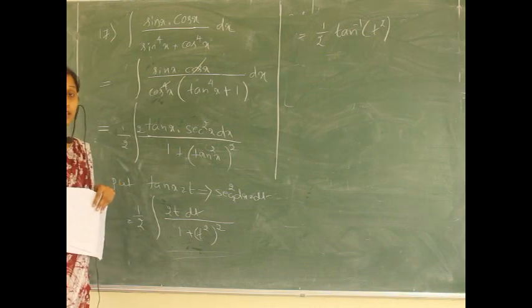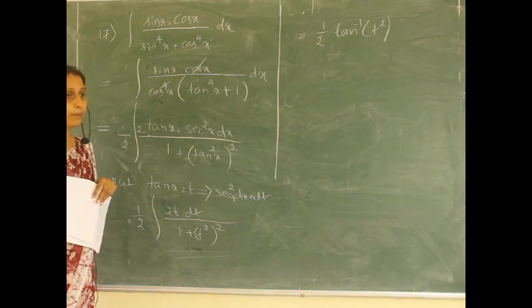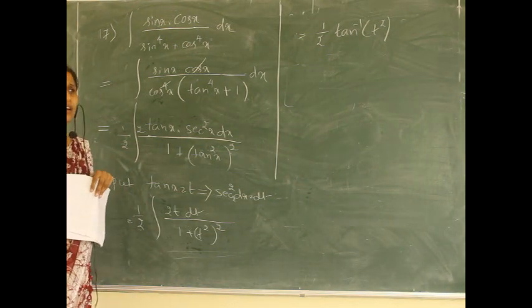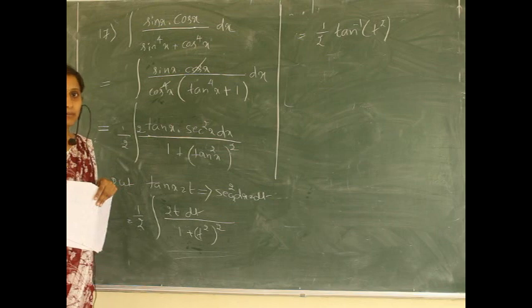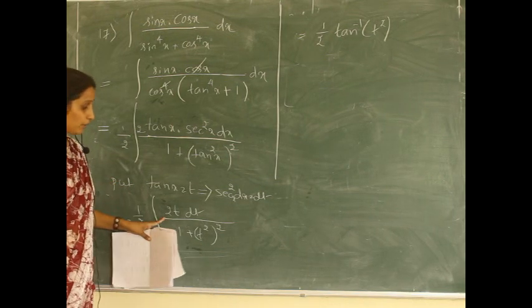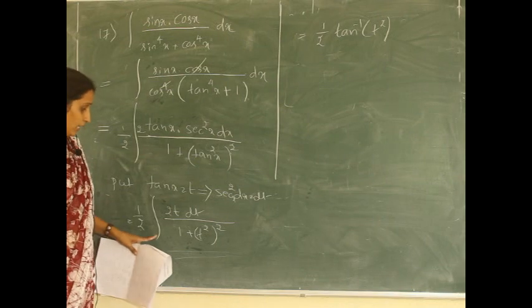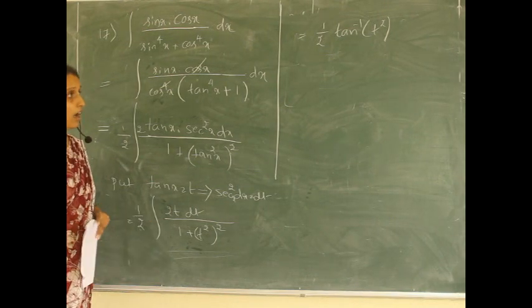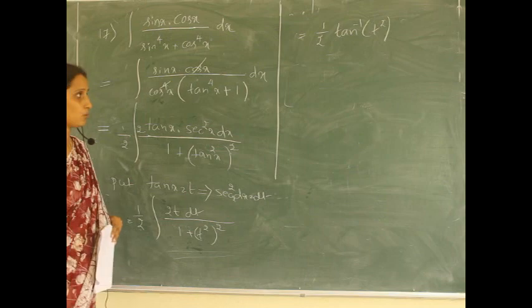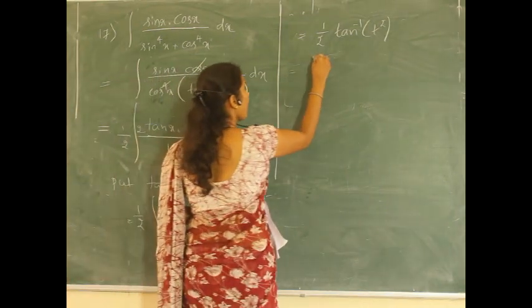In the previous formula, 1 by 1 plus t square, the derivative of t will be 1, so numerator will be 1. Now the derivative of t square should be 2t, so that should be there. Therefore the integral value of this, half is a constant as it is, half into tan inverse of t square.